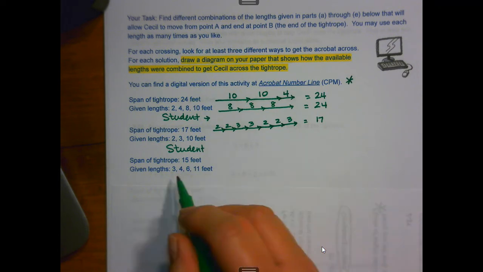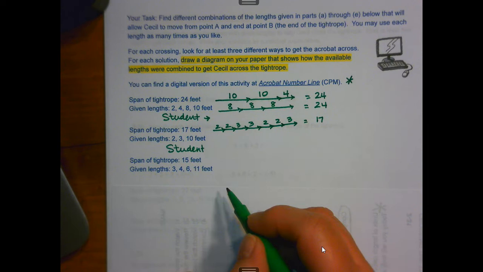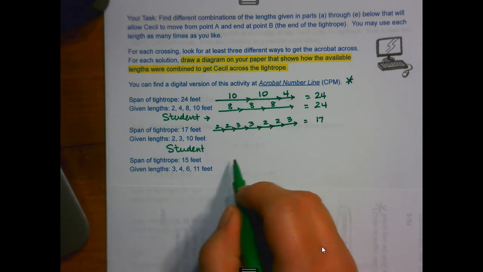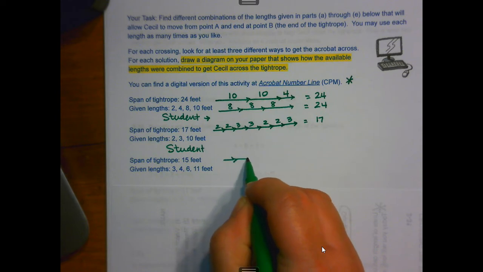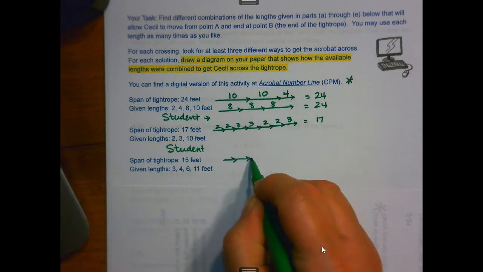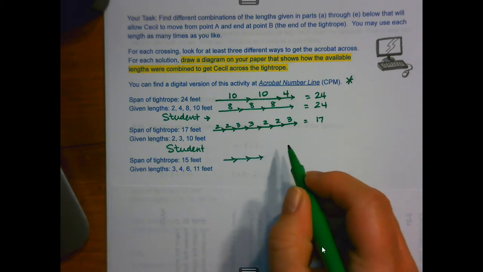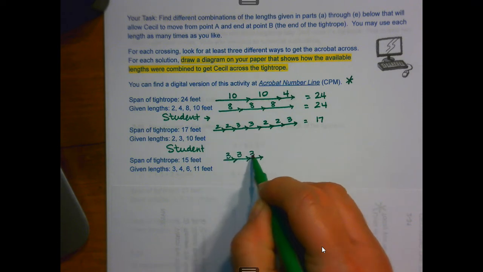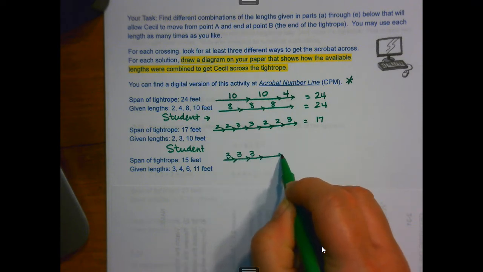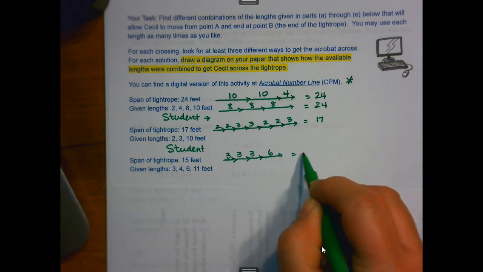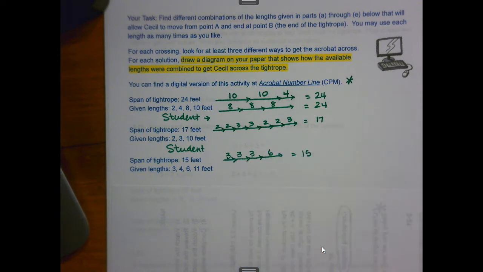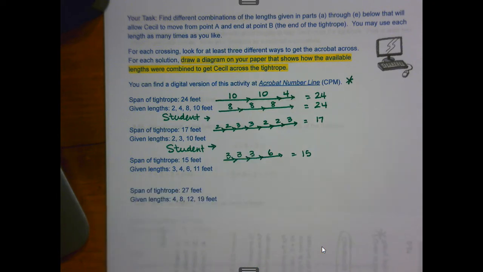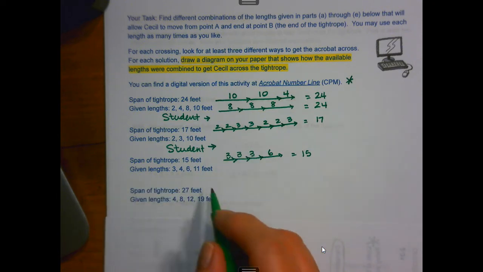For the given lengths for the 15 feet, I'm going to go 3, 3, and 3, and then I'm going to add 6 to get 15. So I'd like you to do your own. Practice it on a piece of paper.